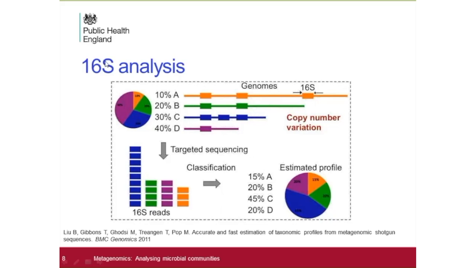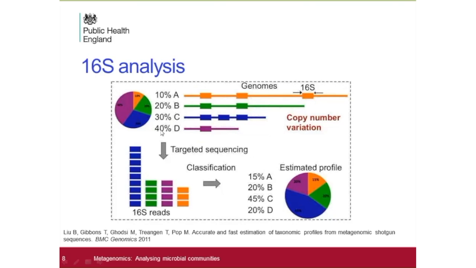And just for comparison, in an analytical study by Lowe et al. in 2011, they used in silico production of a mixture that has genomes with these varying numbers.